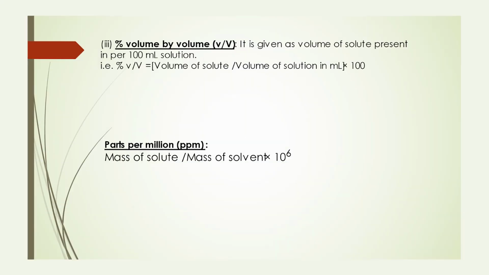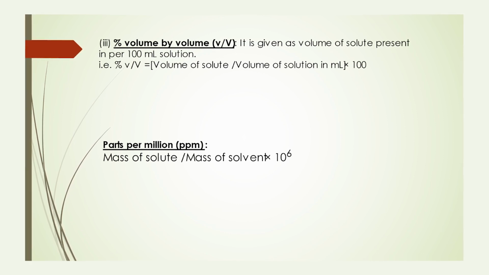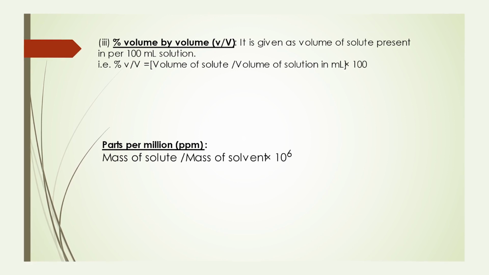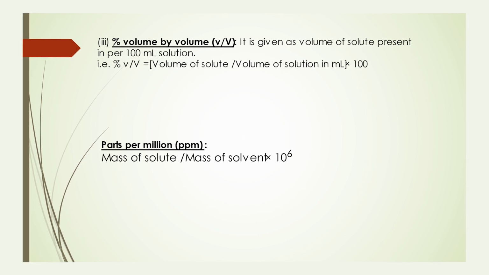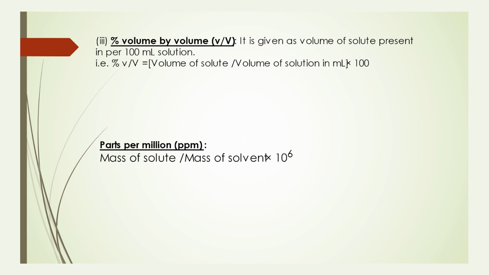Now, we will learn the third one, percent v by v or volume by volume. It means that x ml of solute dissolved in 100 ml of solution or 100 minus x ml of solvent. Now, 5 ml of alcohol dissolved in 200 ml of solution. Calculate percent v by v strength of solution.